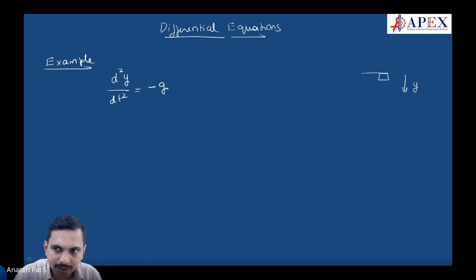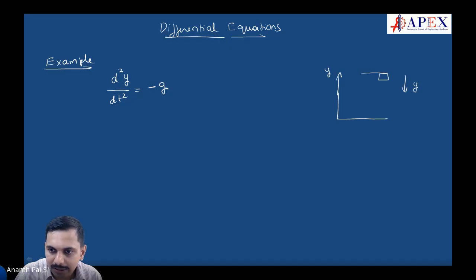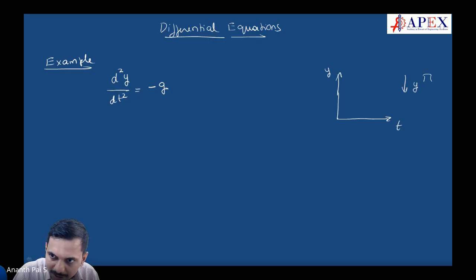Why minus g? Because y is in this direction and time is along this axis, and g is acting downward, coming down, is it not? With time it is coming down, right? So what is the equation here if I plot y and t? What will happen as it is coming down? You have to think about it. Initially y will be high, right?